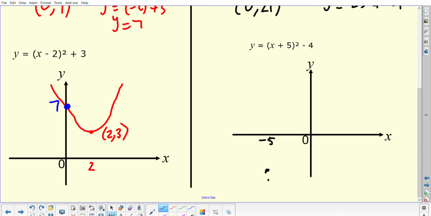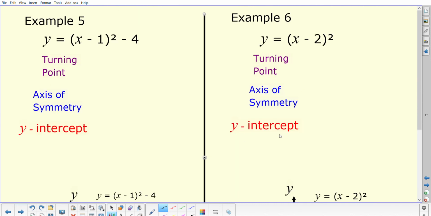I know that the y-intercept is a positive value, so my graph needs to be doing this, coming down, and we'll cross up here, and I need to label that as 21, and this point down here we label -5, -4. So label the turning point -5, -4, and that's it. That's your graph with a parabola shape.